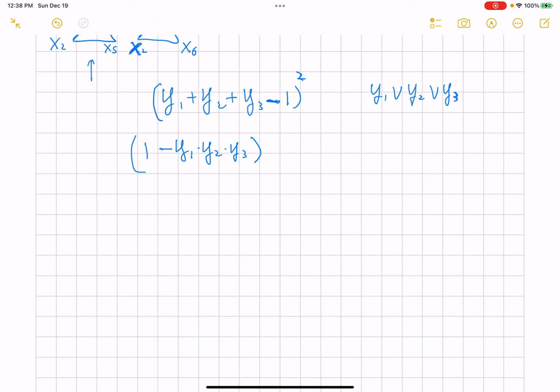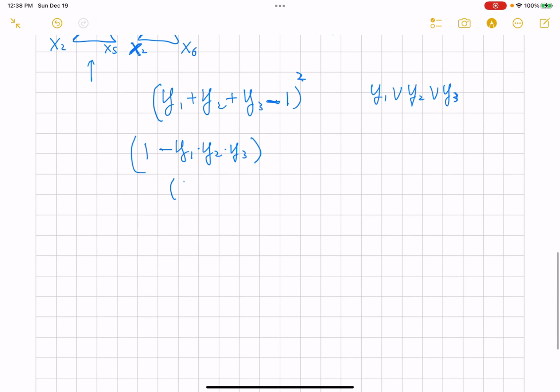No, I'm sorry. It's different. 1 minus y1, 1 minus y2, 1 minus y3. Okay, we want to minimize this term. If any one of the y is 1, the whole thing is 0, we minimize it. If none of them is true, then this is a 1.